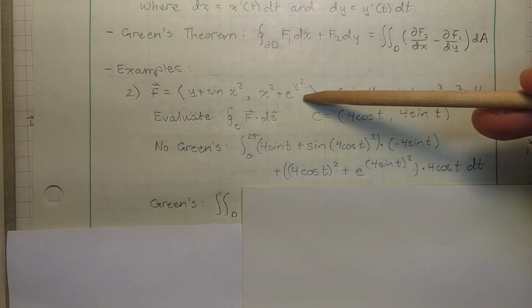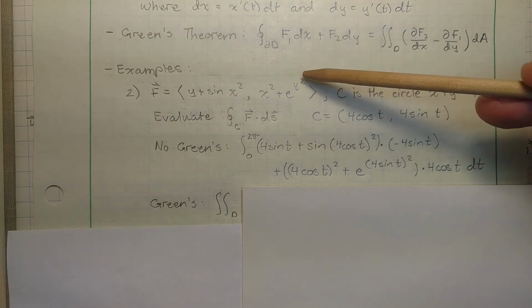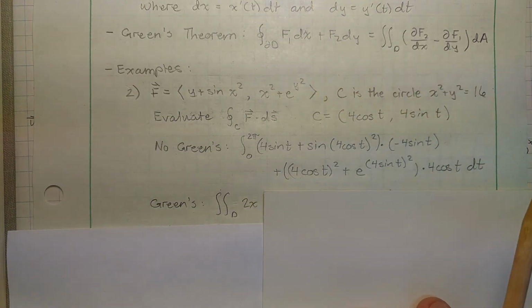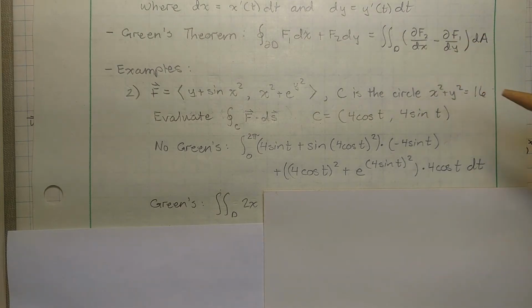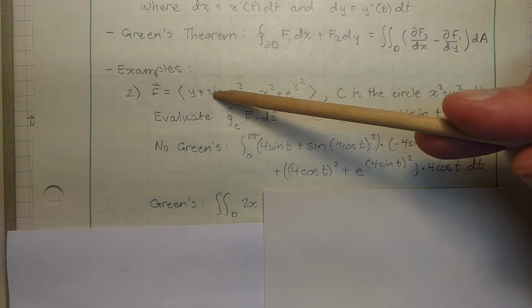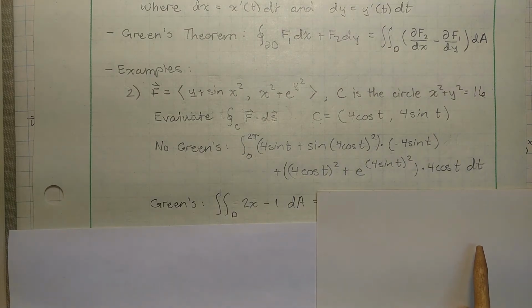So that's this. Take the y component, differentiate with respect to x. This just becomes a constant. You just get 2x minus the derivative of the x component with respect to y. So that would just be 1. And then that is over the area.